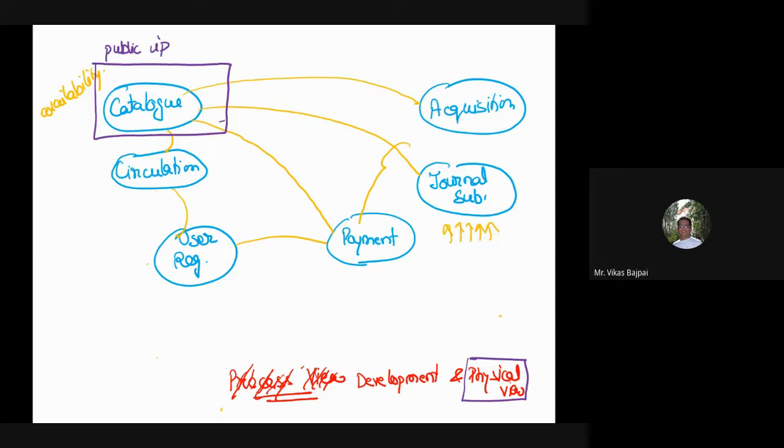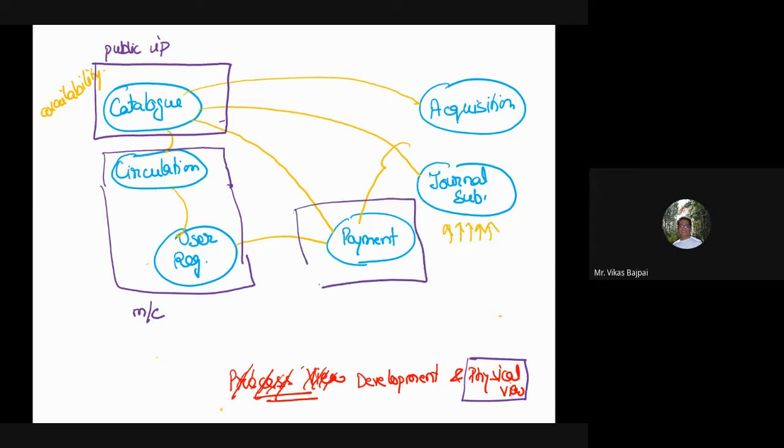Then this circulation and the user registration are on a separate machine, and this payment can be on a separate machine or can be from the external agent as well. And the rest, acquisition and journals, are our internal matters. Keep them on a separate machine, for our internal purposes.